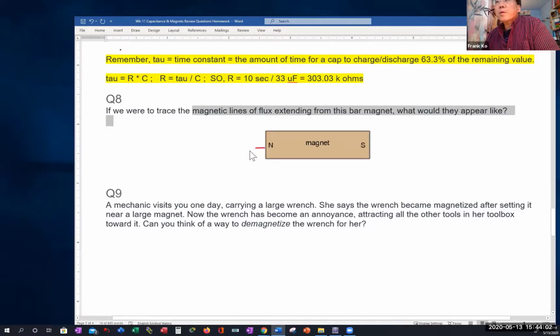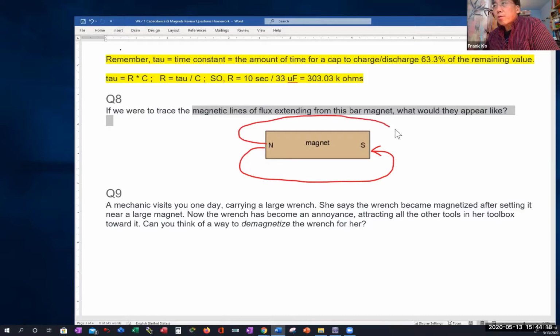Starts from here, comes out, and goes back over here. And the arrows are drawn this way. They would be coming out here and over to here. And the arrows are this way. So your flux lines are drawn from the north to the south.